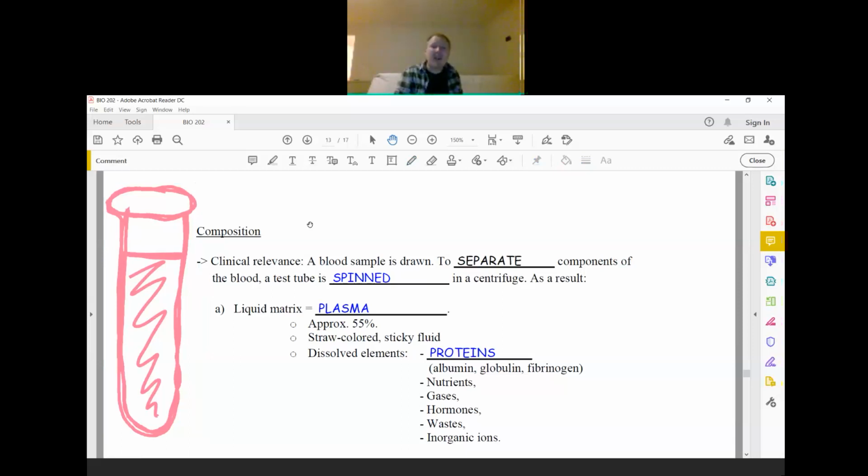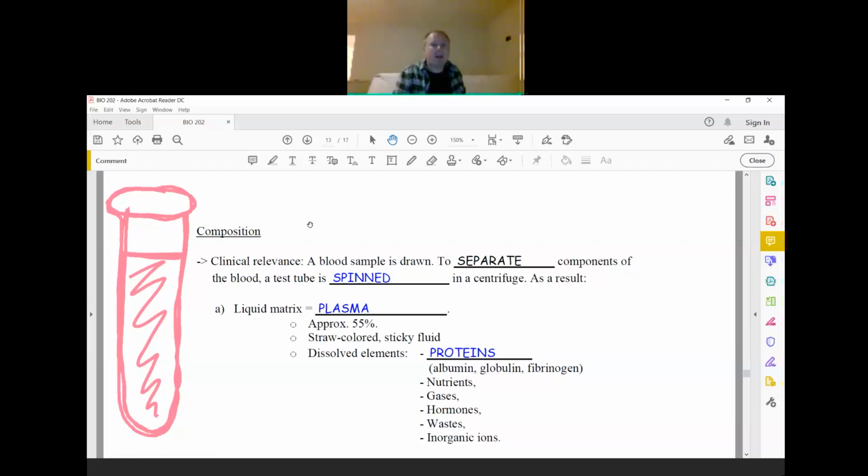And while we're reviewing this chapter of the blood, we will look at what components this blood is made of. And this actually is a good way of looking at this, because this is exactly what we do when we take the blood sample of a patient and put it in a centrifuge and spin it. So as a result of this spinning process, all of these different parts that make up the blood have a different weight, so they travel to different parts of this test tube.